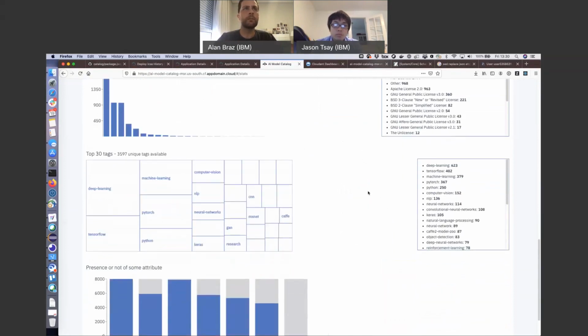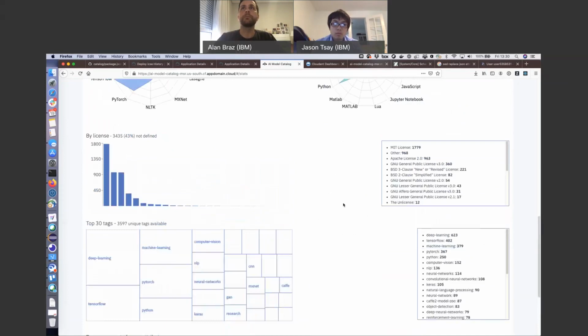An interesting thing about the tags is that we have a mix of concepts, frameworks and languages. So this is a way to visualize unstructured data, but we have more extractors to infer this.